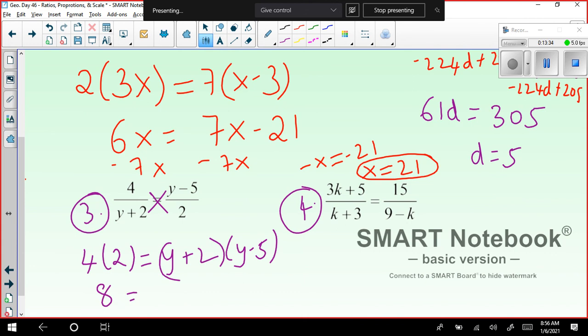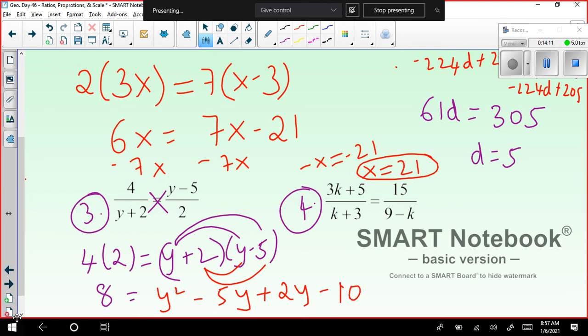Here I need to multiply y with both the terms, and I also need to multiply 2 with both the terms in the other parenthesis. So y times y is y square, y times negative 5 is negative 5y, and 2 times y is plus 2y, 2 times negative 5 is negative 10.